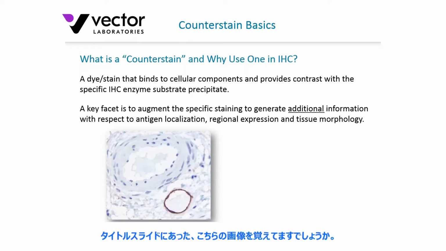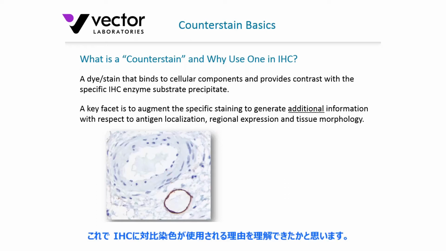Now, if you remember the example on the title slide, the same image here, we've got this particular brown staining circle. It's actually a lymphatic endothelial cell marker, and we've also counterstained with a blue nuclear counterstain here. If we did not apply this counterstain, all we'd have would be this brown circle floating in space, and not give you any appreciation of its association with this given arteriole.